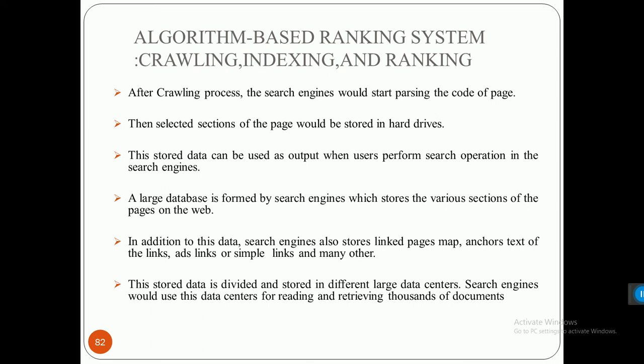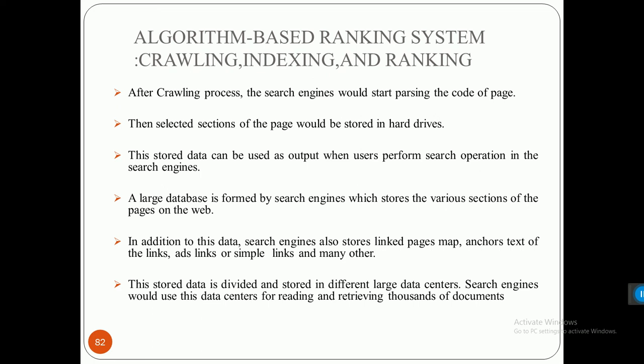A large database is formed by the search engine which stores the various sections of the pages on the web. Whenever users perform any search, at that time it will check the database, and after getting the result it will be useful.